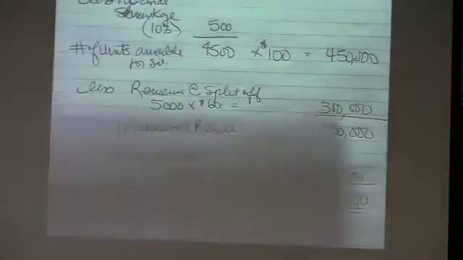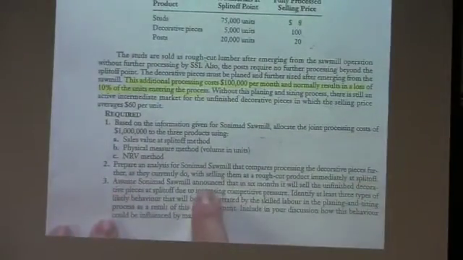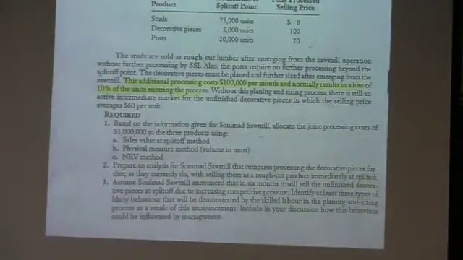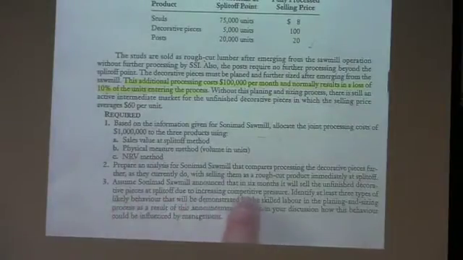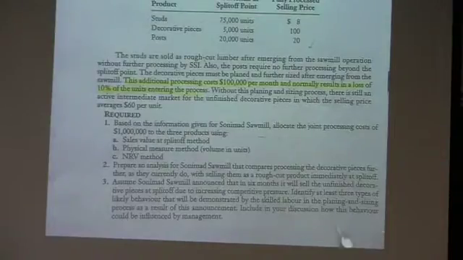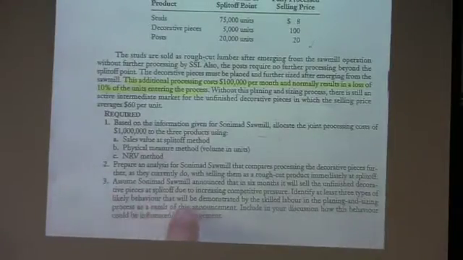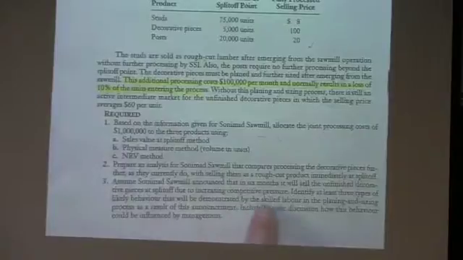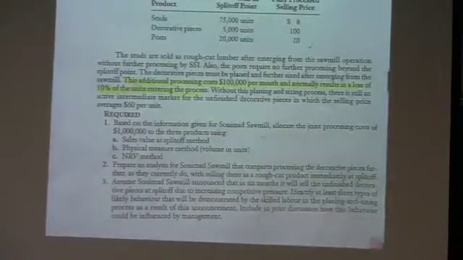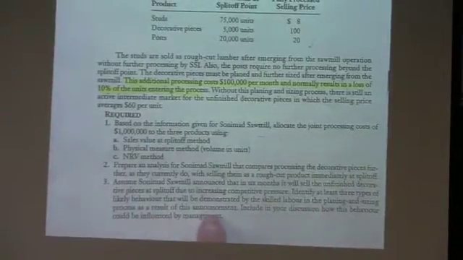Now, part 3 says, assume that SSI announced that in 6 months it will sell the unfinished decorative pieces at the sell-off point due to increasing competitive pressures. In other words, you're not going to process it further. Identify at least 3 types of likely behavior that will be demonstrated by skilled labor in the planning and sizing process resulting in this announcement.